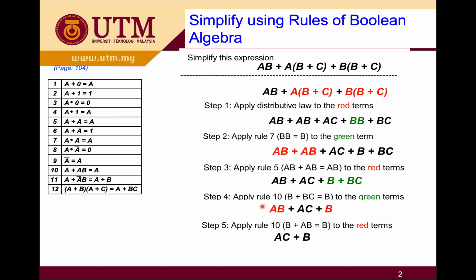And then step number 4, you're going to apply to the green color, which is quite similar, B plus BC equal to B. And lastly, you're going to apply to this red color, B plus AB equal to B, similar also under rule number 10. And this long expression, you can simplify it to be AC plus B.